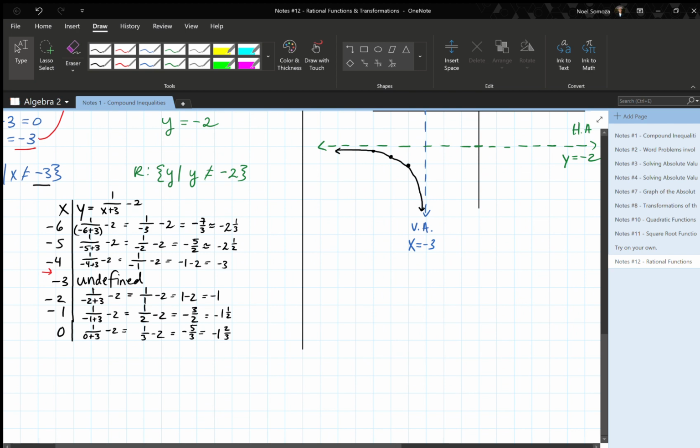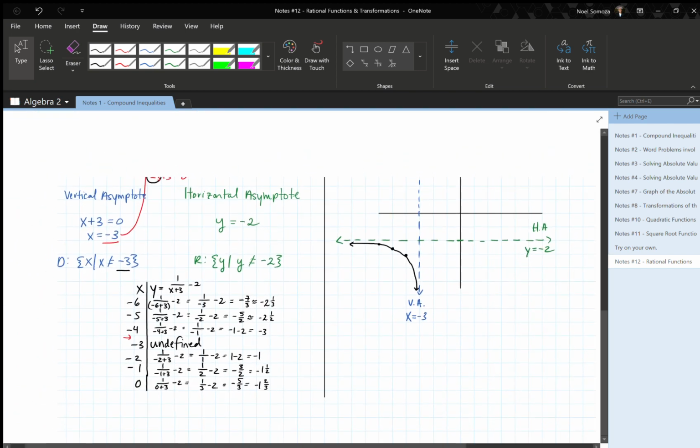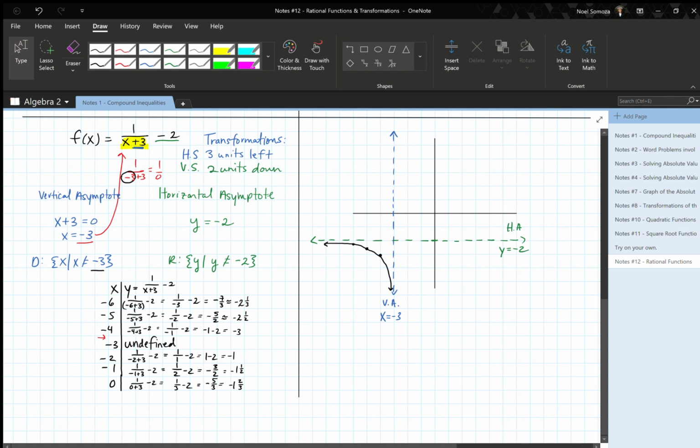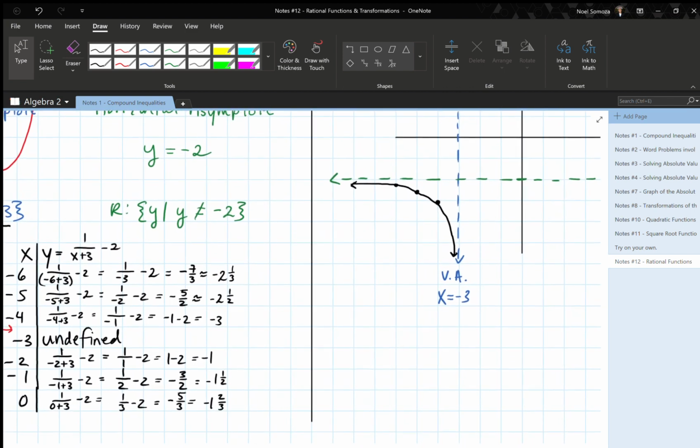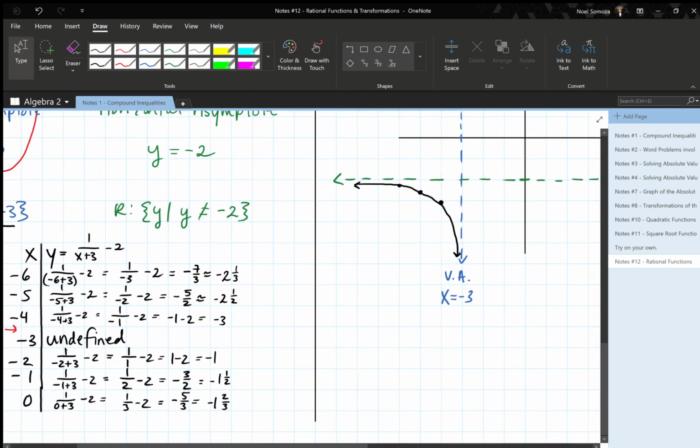On the other side now, there's a little bit of a pattern. If I have the graph down here in the lower left side, then my other graph is going to be somewhere up here in the upper right side. So at negative 2, using these points right here, go down negative 1, I have a point there.